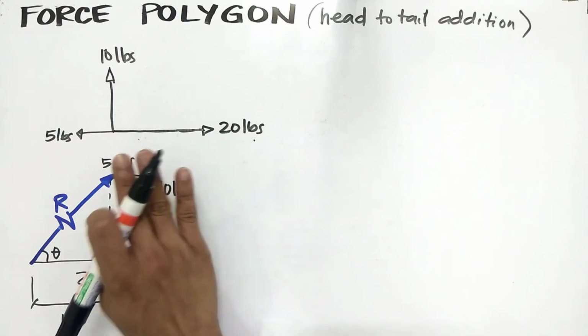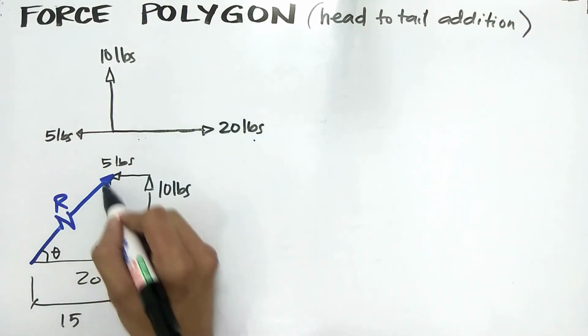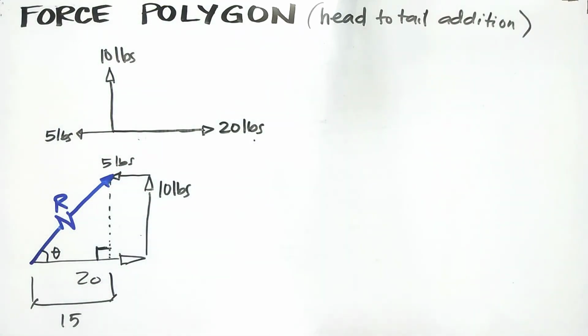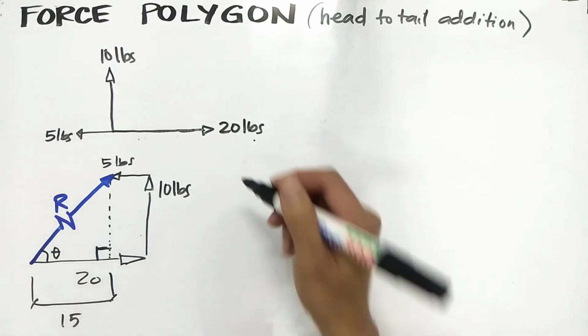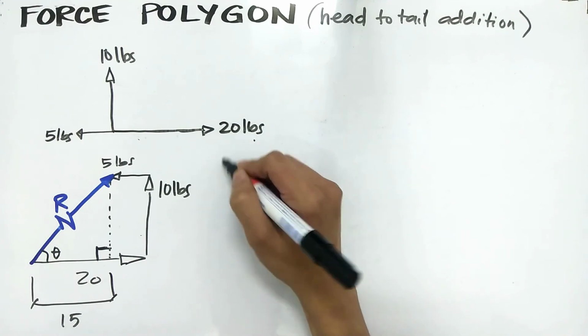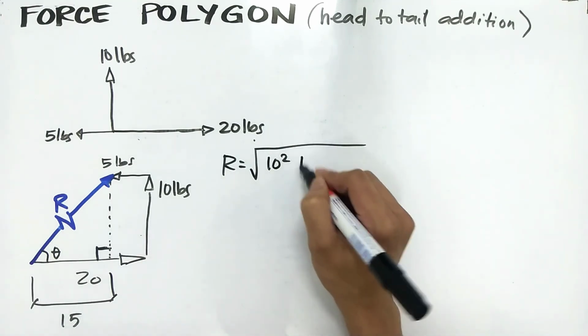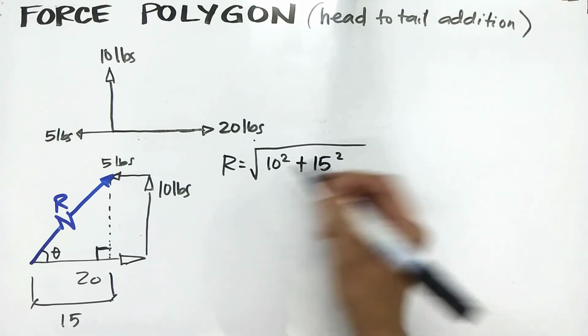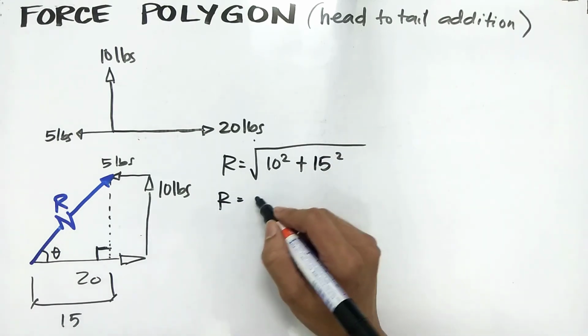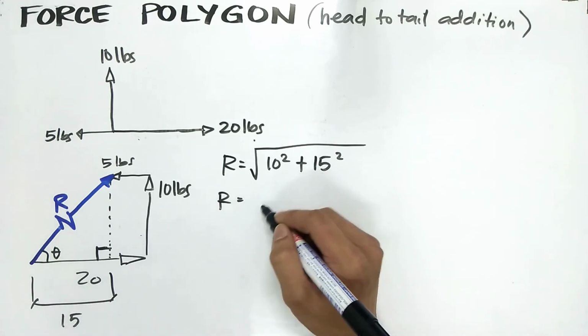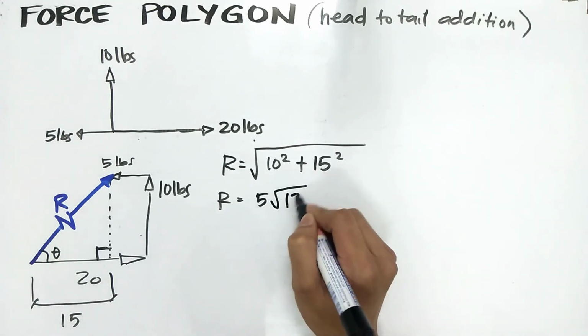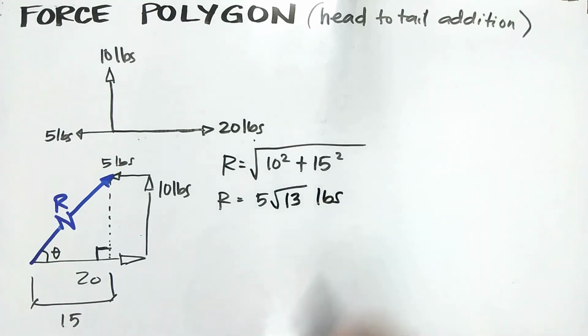If you isolate this triangle, you can use the Pythagorean theorem to solve for the value of R. The value of R is equal to the square root of 10 squared plus 15 squared. R is equal to 5 square root of 13 pounds.